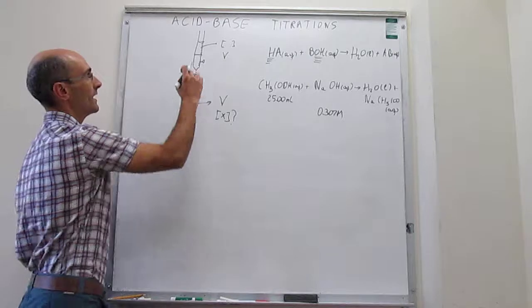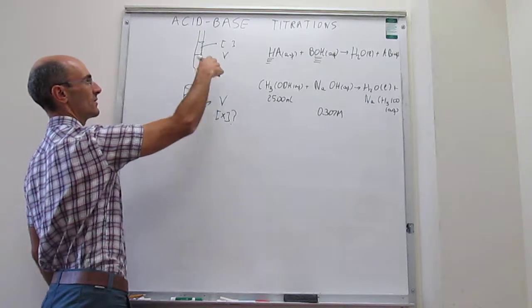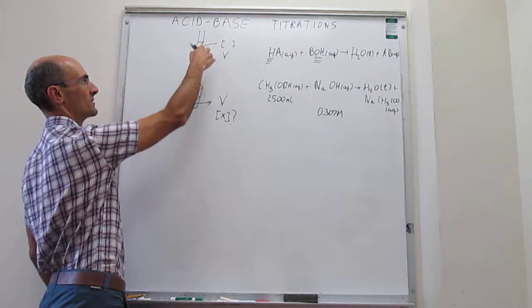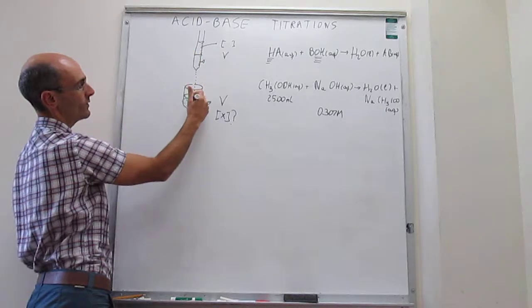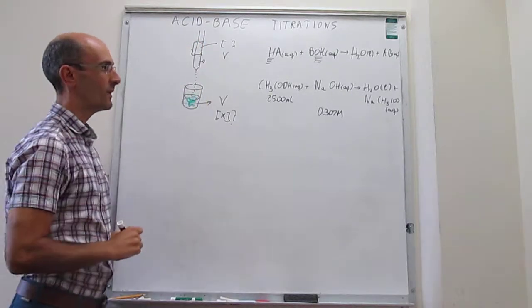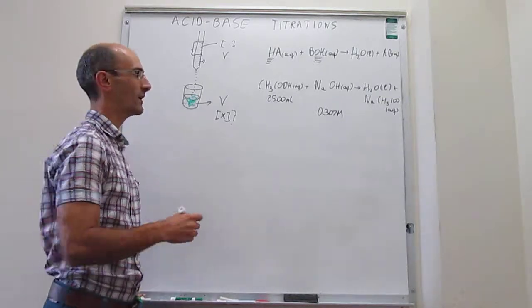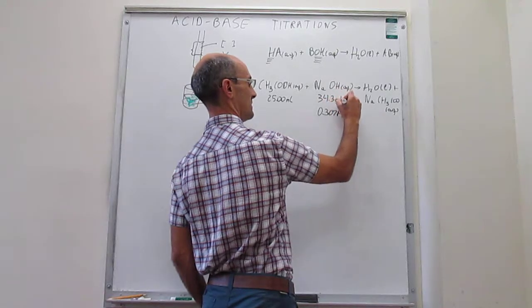All right, so again, we load the burette to the top, and then we start to add base, sodium hydroxide, and no color changes. The sodium hydroxide continues to be added until you reach a point where the color changes. You measure that volume, and for this particular example it happens to be 34.3 mL.